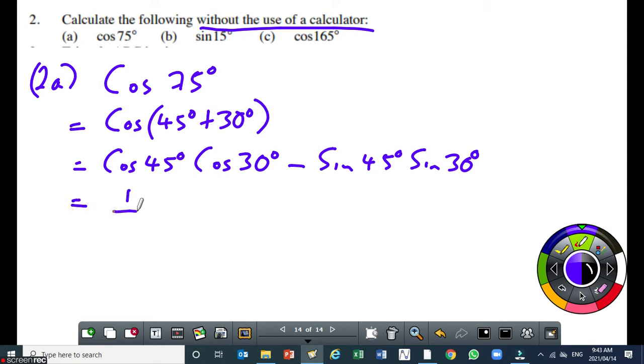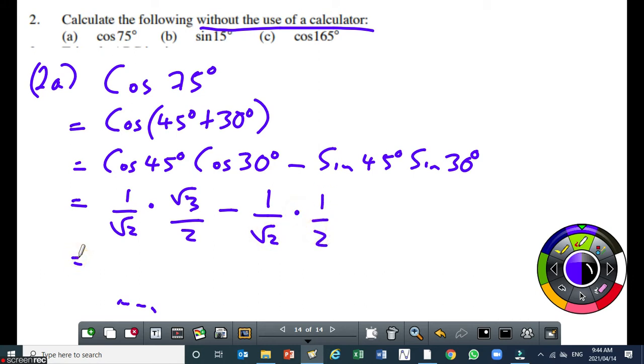So cos 45, we know that's 1 over square root of 2. Cos 30, that will be square root of 3 over 2. Okay, minus 1 over square root of 2 times sine 30, that's a half.